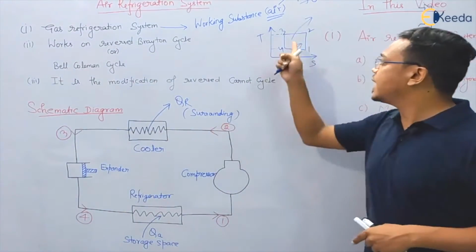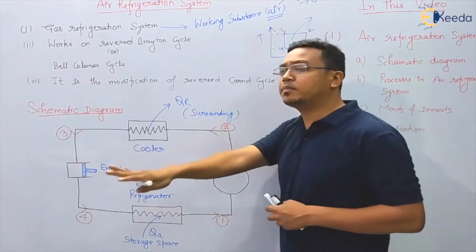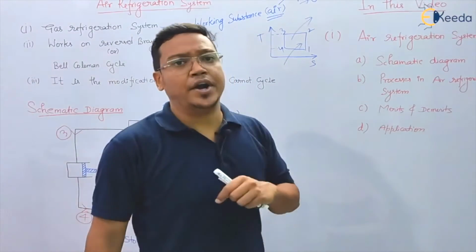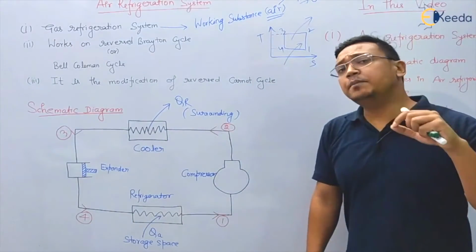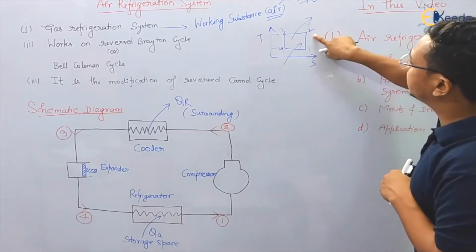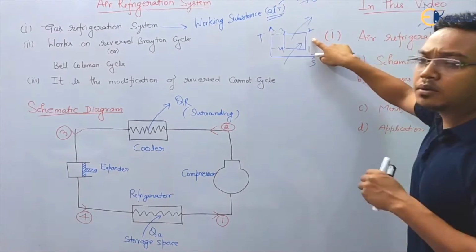So in Carnot cycle, heat transfer at constant temperature is not possible. That is the first point you have to remember. Second point is that the combination of reversible adiabatic process and isothermal process is not possible.